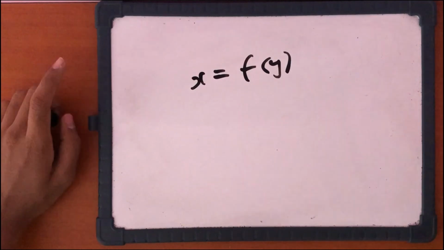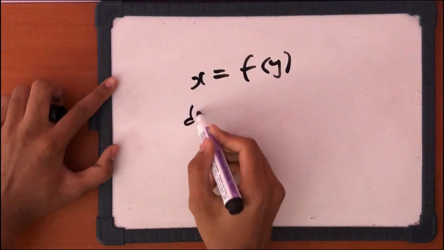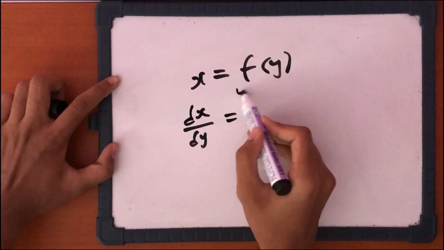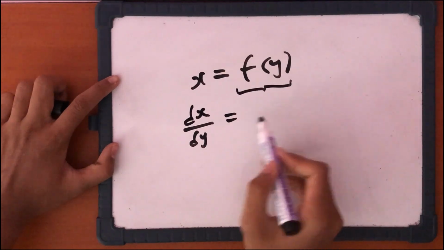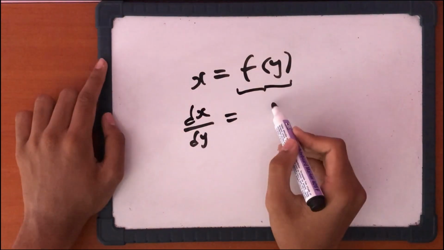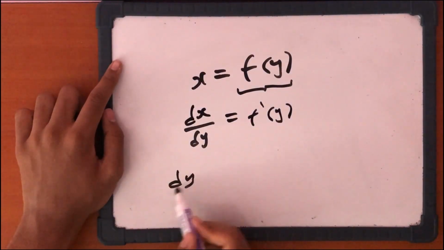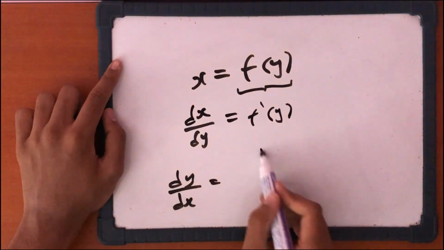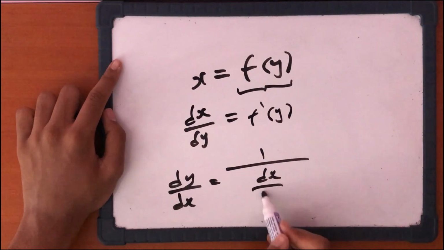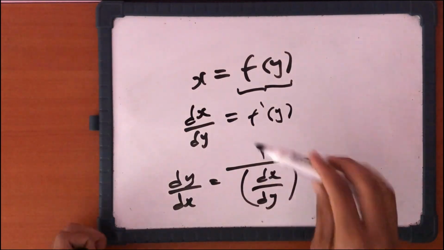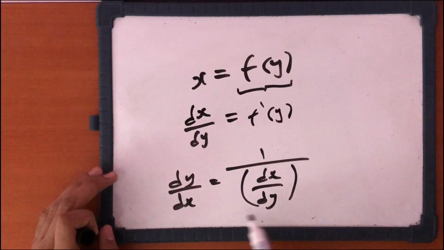For this, you would find dx/dy, which would just be differentiating all these terms in this function, using all the rules we have learned so far. So f prime of y, and then dy/dx is just 1 over dx/dy. So this is just a general rule you need to know.